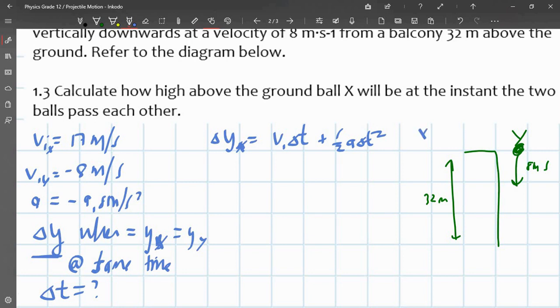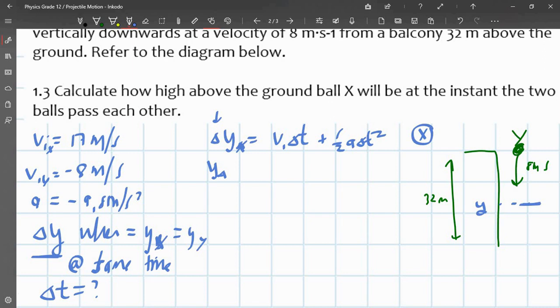So we'll do the one for x first, and then we'll do the one for y. Since there's two different balls, you have to use two different equations, right? So for the change in height for ball X, remember, whenever there's a change in, it means final minus initial. So we want the final height to be ya, which is where the ball is probably going to meet, somewhere here at some height y, right?